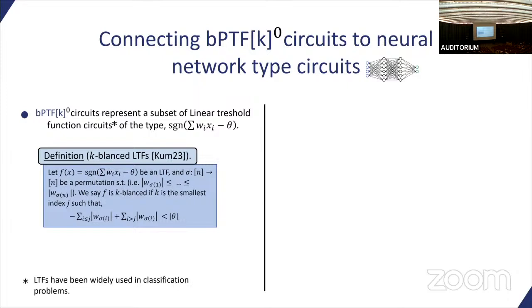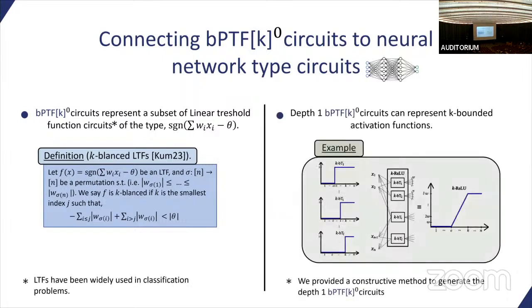So the larger the value of k, the less restricted the weights are, and the more functions of this type we can implement. And what we also did is that with a single depth 1 of this circuit class, we can approximate, in this non-trivial region of the parameter k, very general activation functions, for example, the k-ReLU.